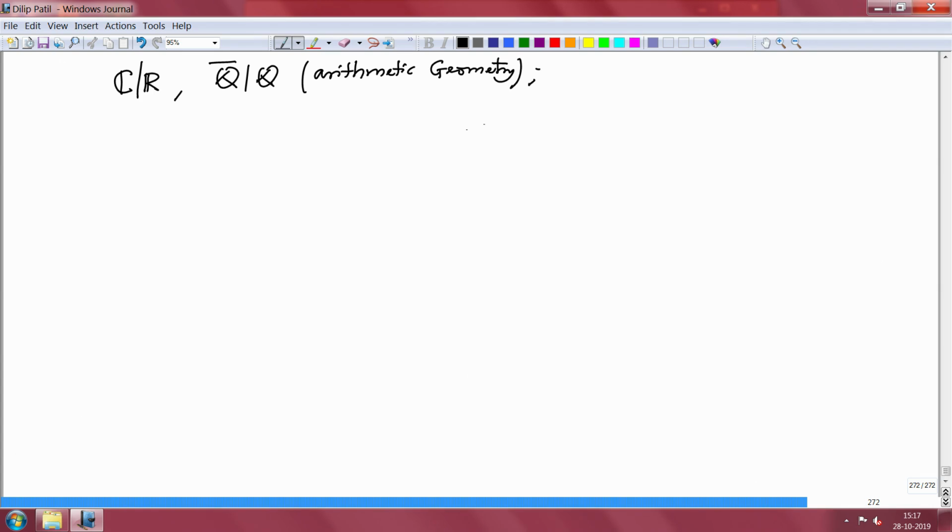Or these days even engineers are interested. So, that is finite field F_q bar over F_q. This is also important for studying this, and so this or K equal to L equal to K and K is algebraically closed.